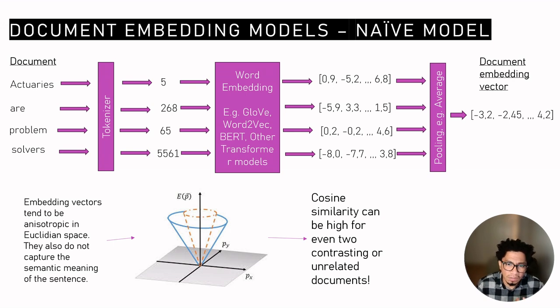So it's a very naive model, right? So it works, but it works poorly because of these 2 issues. First, in that space, it's very difficult to contrast two documents. And second, the model isn't really trained to capture semantic meaning. It's trained to capture the word meaning. And depending on the model, the contextualized word meaning as well. So yeah, this is a naive model.